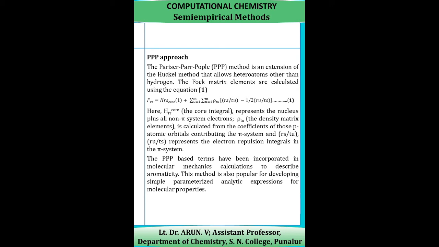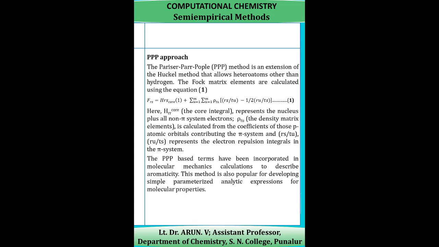Let us discuss what the PPP approach is in semi-empirical methods. The Pariser-Parr-Pople, that is PPP method, is an extension of the Huckel method that allows heteroatoms and other hydrogens. The Fock matrix elements are calculated using the equation that has already been discussed. By using equation 1, we can find out the Fock matrix element.